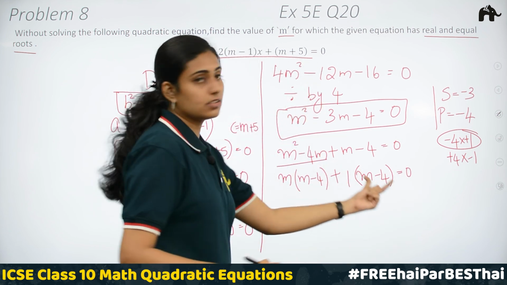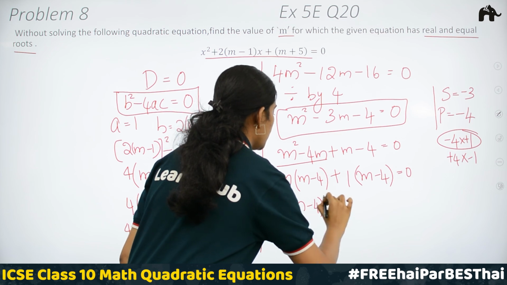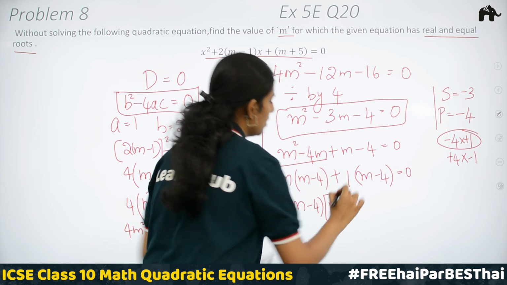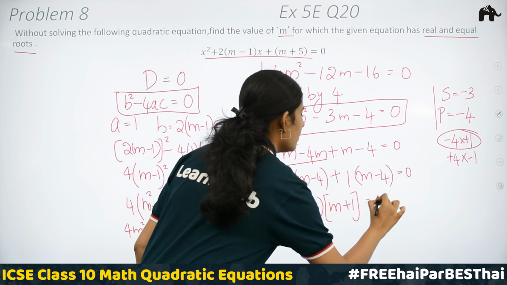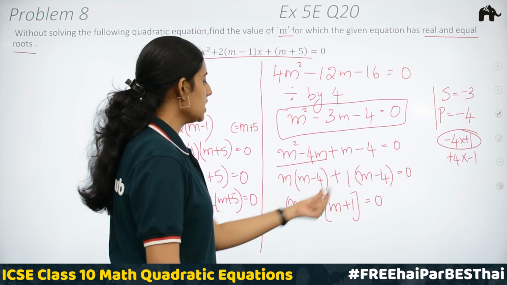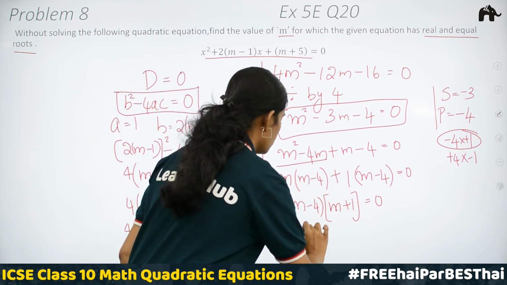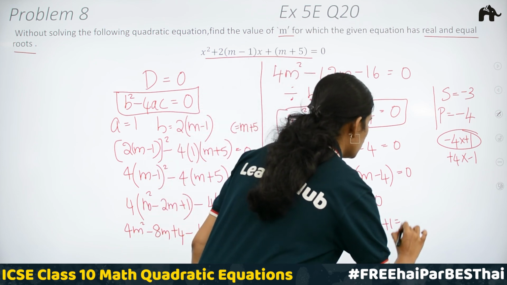Now taking the common, m minus 4 is common. Remaining we have m and here it is plus 1, m plus 1. What are the values of m? Using the zero product rule, m minus 4 is equal to 0 or m plus 1 is equal to 0.